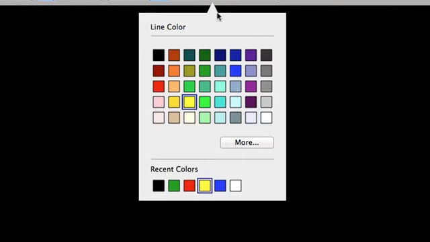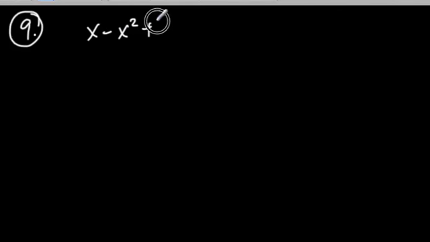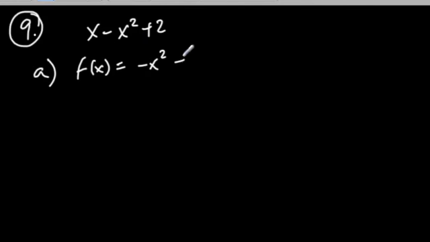Okay, now let's move on to number 9. So number 9 is x minus x squared plus 2. If we rearrange it, f of x is equal to negative x squared plus x plus 2.